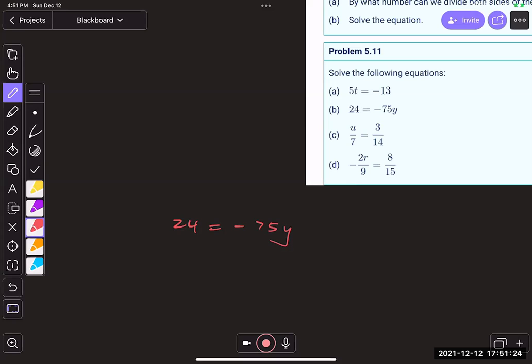So what's the goal? What do we want? Simplify it. Well, it's already as simple as it will go. 24 we can't simplify. Negative 75y we can't simplify. We cannot simplify either side here. So what's the end goal? What do we want at the very end?